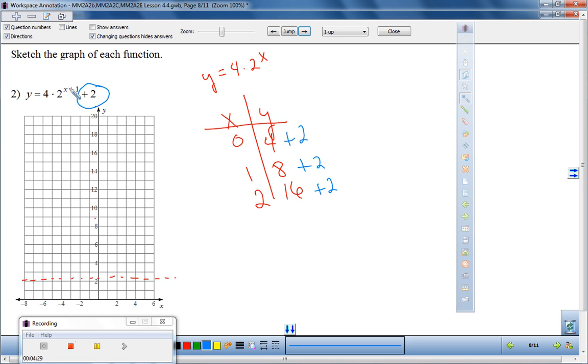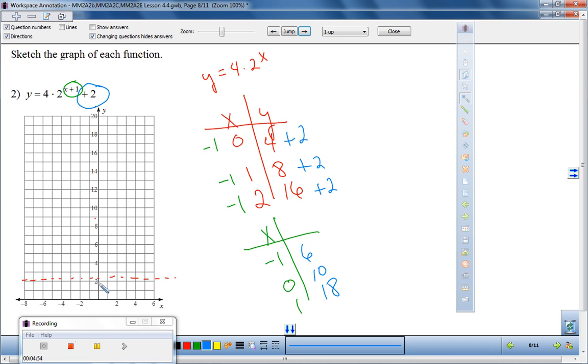Now this one, we're going to end up subtracting it or moving it to the left. So let's say -1, -1, -1. Alright, so for our x's, we end up with -1, 0, and 1. Then for our y's, we're going to end up with 6, 10, and 18.